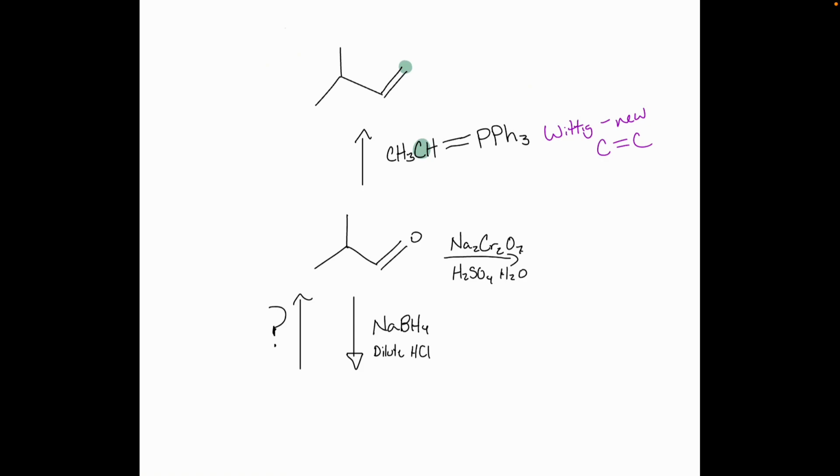I just got to include that one extra one sticking off. All right, so I have those 2 carbons from my Wittig reagent in my product. And again, the whole thing about this Wittig is that we have this new carbon-carbon double bond that's formed.